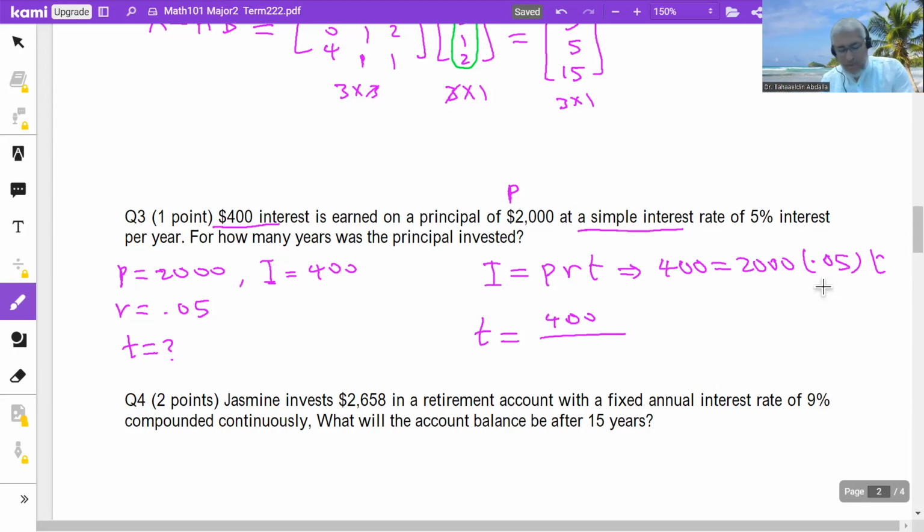If you multiply 2,000 times 0.05, you get 100. So T would be 400 over 100, that's 4 years. So the number of years would be 4 years. If you invest 2,000 at a simple rate of 5% interest per year, after 4 years, you will get $400 as interest.